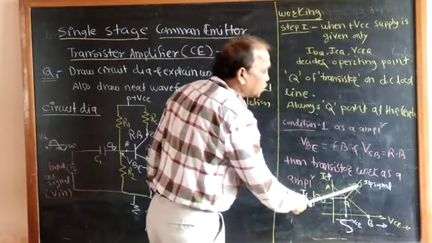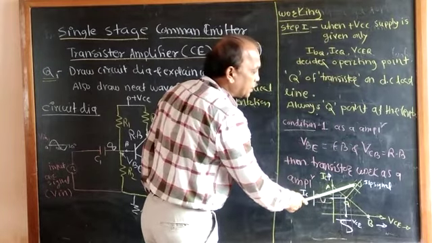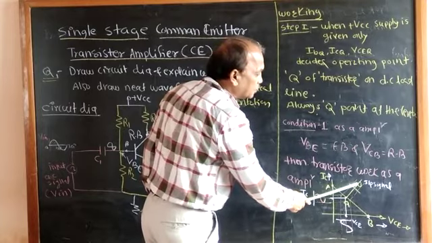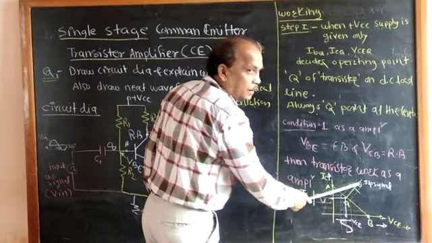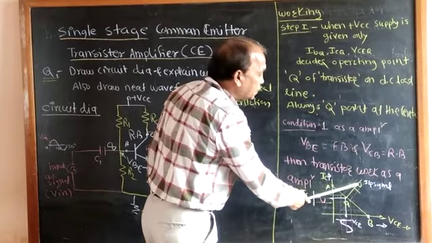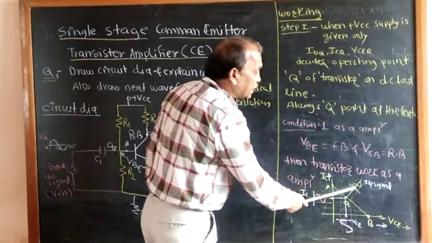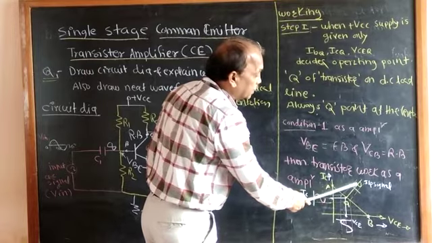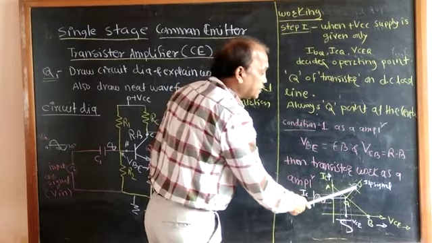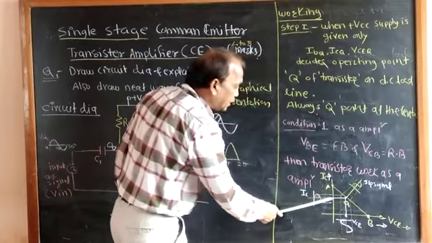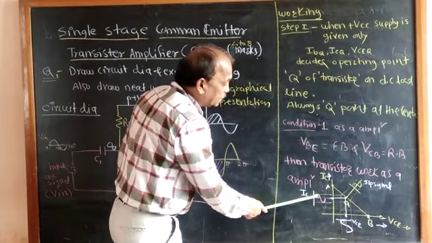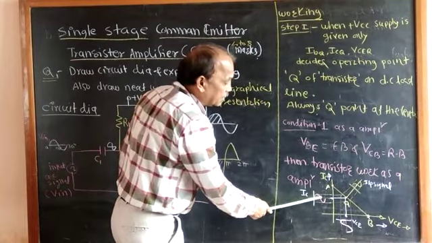Now what happens during the positive half cycle? During the positive half cycle, as this signal increases from low to maximum, from 0 to pi or 180 degree, what happens? This base current IB is also varying: minimum, maximum, then again minimum, maximum. At the same time, the nature of collector current is also a sine wave. It is again increasing, again decreasing. Okay.